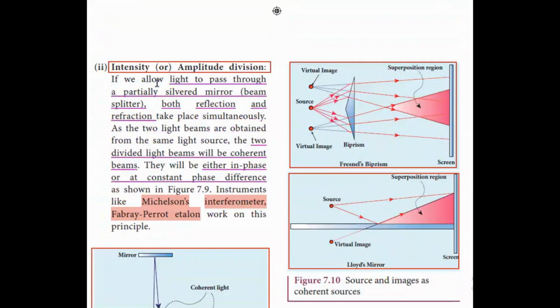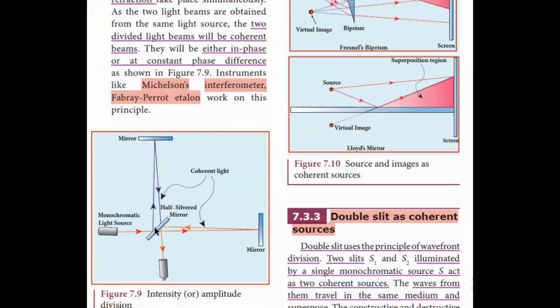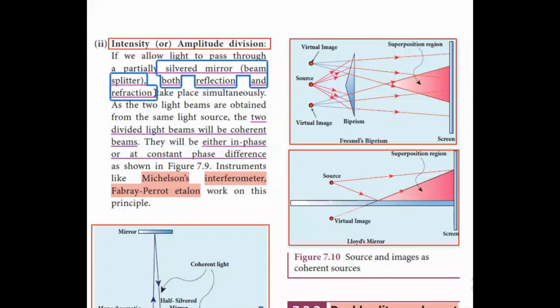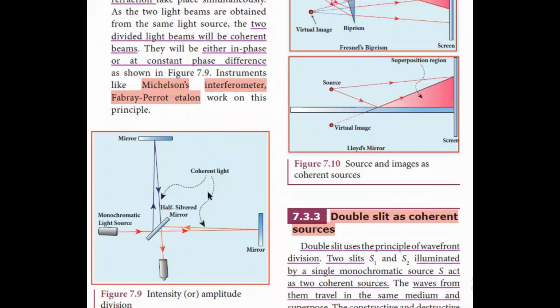Then the second one is intensity or amplitude division. If we allow light to pass through a partially silvered mirror, that is called a beam splitter. Both reflection and refraction take place simultaneously, and as the two light beams are obtained from the same light source, the two divided light beams will be coherent in nature.